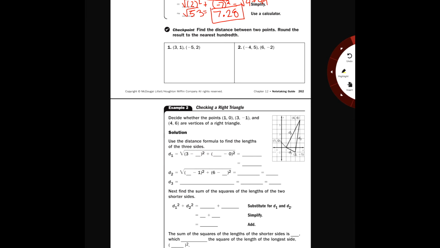Let's try another one. Okay, it's radical, subtract your x's. I always do x1 first, it doesn't matter though, because I think it's silly to start with the second one. So I have 3 minus negative 5 plus 1 minus 2 squared.